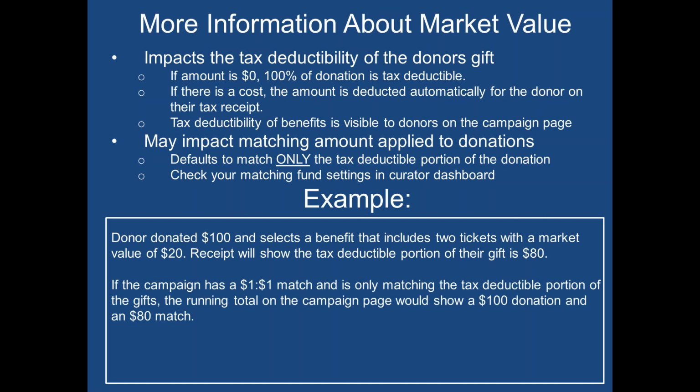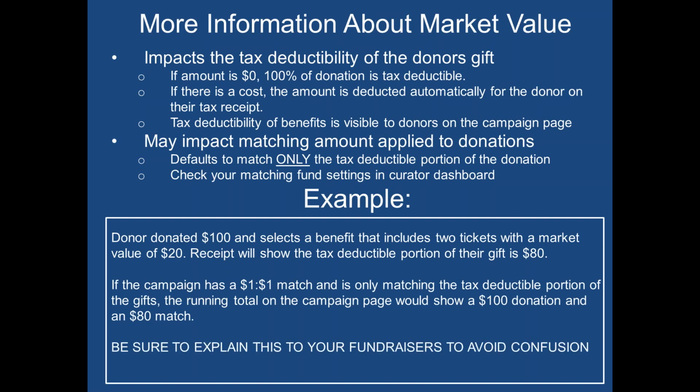Now, if this campaign has a one-to-one match and is only matching the tax deductible portion of the gift, then the running total on the campaign page would show the full $100 donated by the donor, and they would also show an $80 match because this matching sponsor has chosen only to match the tax deductible portion of the gift, which is only $80, so the match would show up as 80.